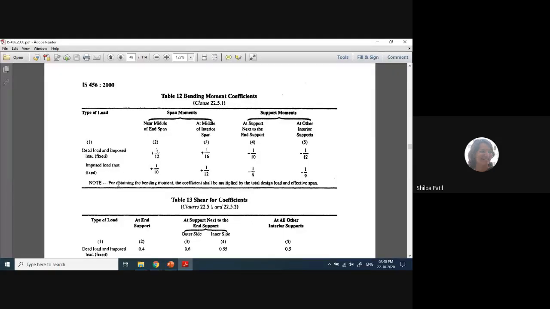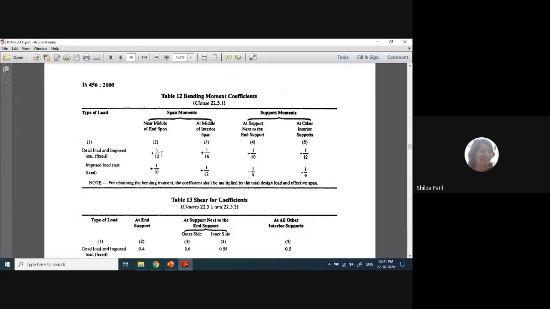Read the note given below here. For obtaining the bending moment, the coefficient shall be multiplied by the total design load and effective span. So what is the moment now? If we consider the moment due to dead load near the middle of the end span, the moment will be W into L by 12, so it is WL² by 12.